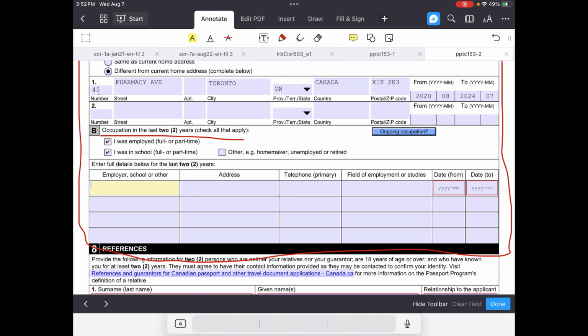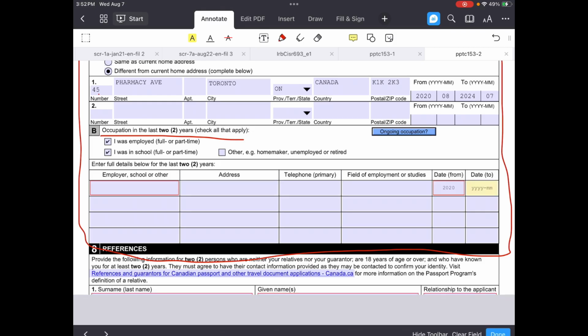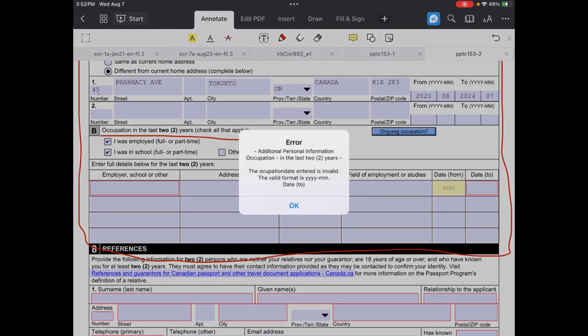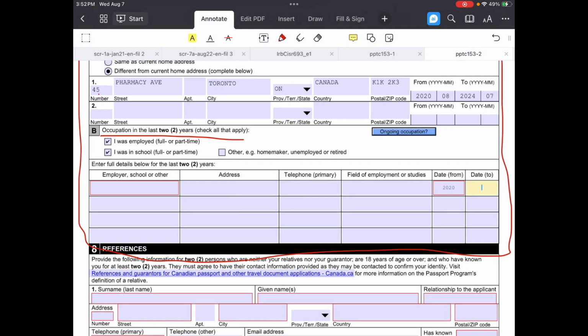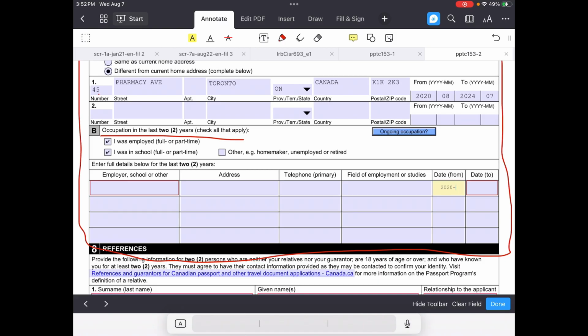I'm gonna say, so from 2020, I had to enter information. I gotta include the month. It doesn't let me include just 2020.